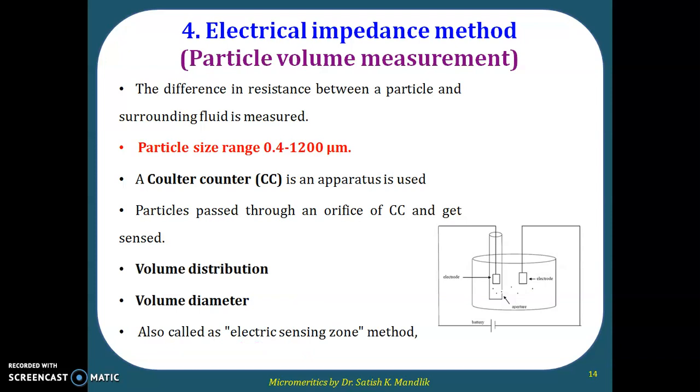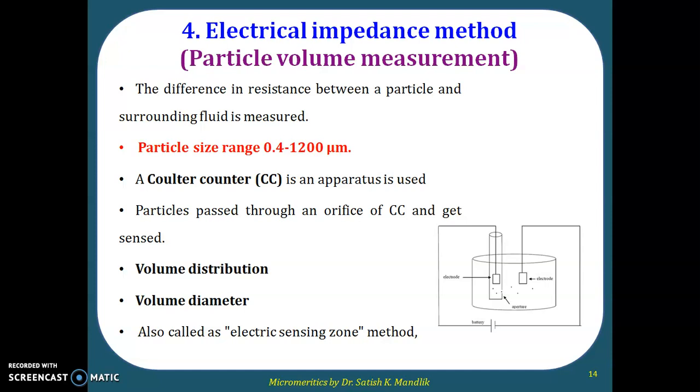Another method is the electrical impedance method, also known as particle volume measurement. The difference in resistance between particle and surrounding fluid is measured. The particle size range determined in this method is 0.4 to 1200 micrometer. The very well-known Coulter counter apparatus is used to measure electrical impedance of particles.